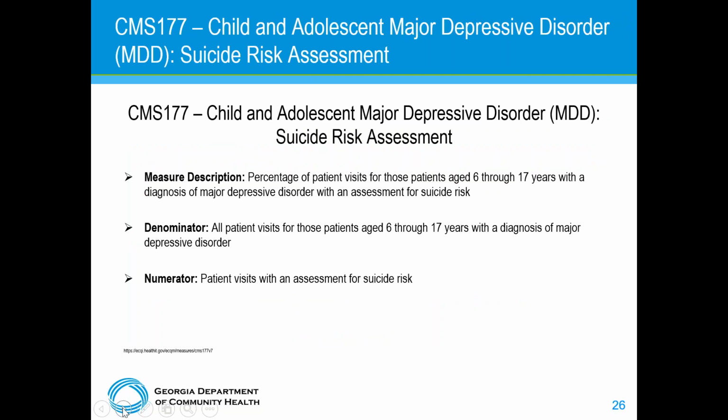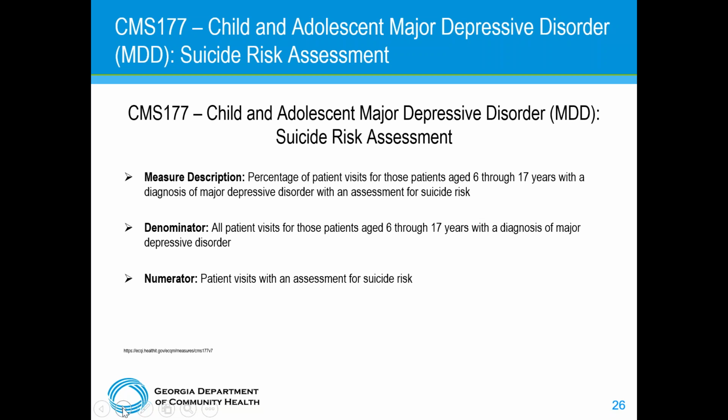So our final behavioral health CQM is CMS 177, Child and Adolescent Major Depressive Disorder, the Suicide Risk Assessment. This measure description: the percentage of patient visits for those patients aged 6 to 17 years with a diagnosis of major depressive disorder that had an assessment for suicide risk.